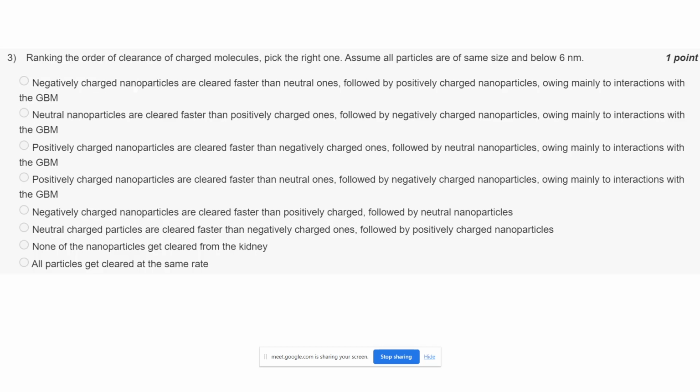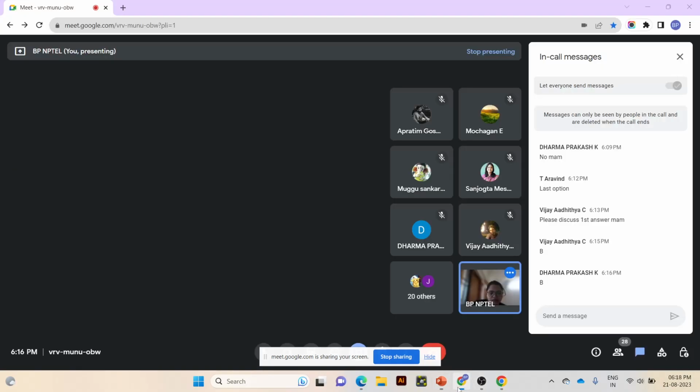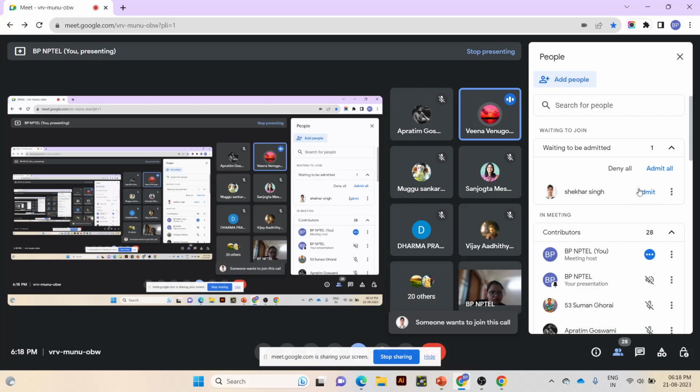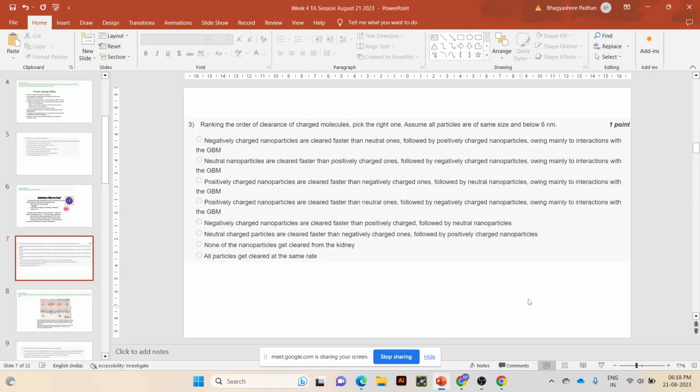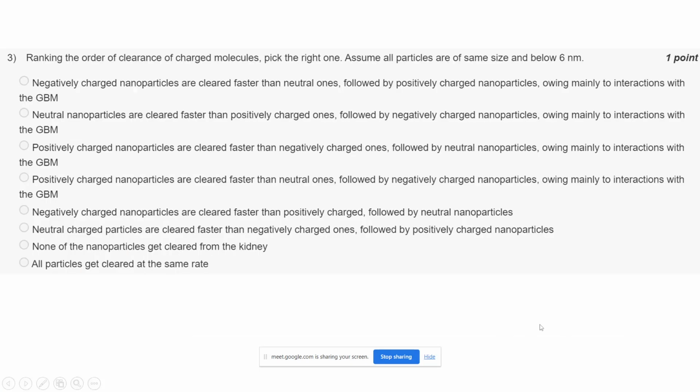And neutral nanoparticles are cleared faster than positively charged ones, followed by negatively charged nanoparticles, owing mainly to interactions with GBM. I'll give you some time to read the question and then you can answer whenever you are ready. You have to rank the order of clearance of charged molecules if all the particles are of same size and below 6 nanometer.